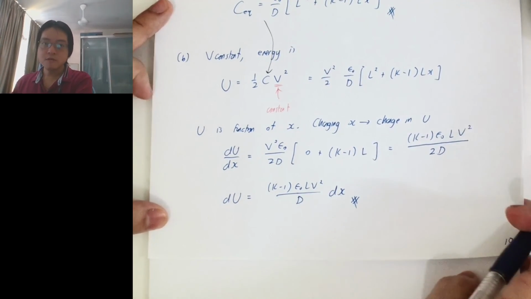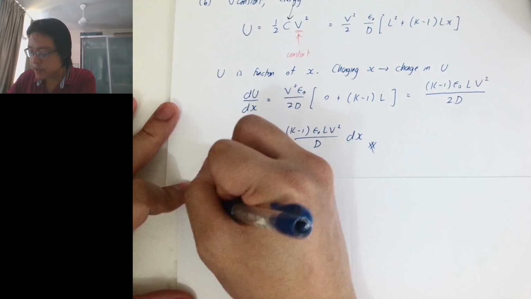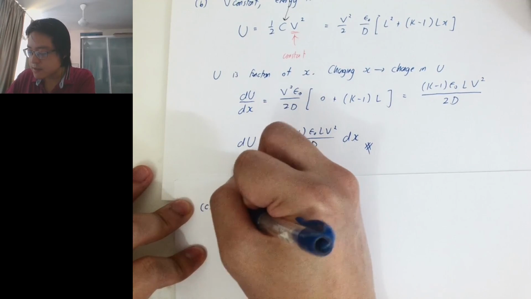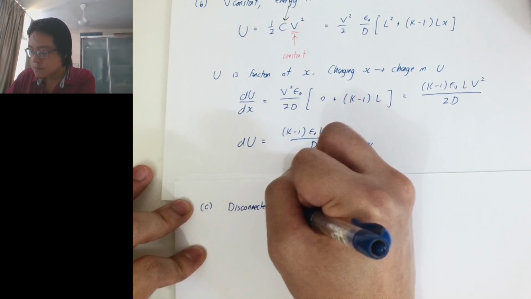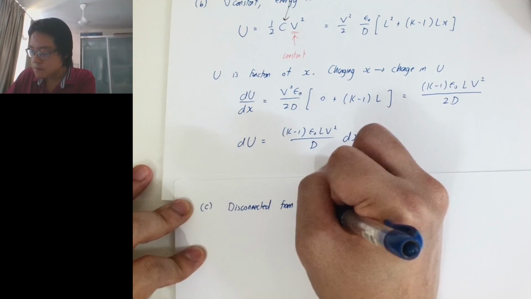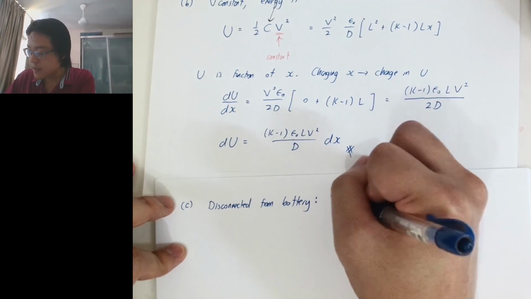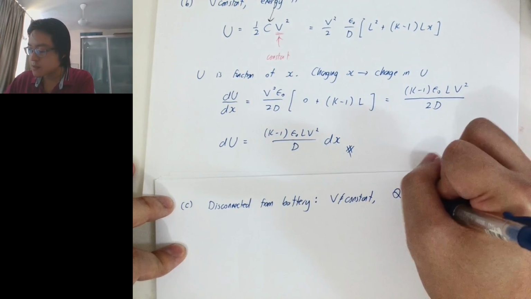But right now, in the next part, my capacitor is disconnected from the battery. So for this problem, V is not constant anymore, but Q is constant.